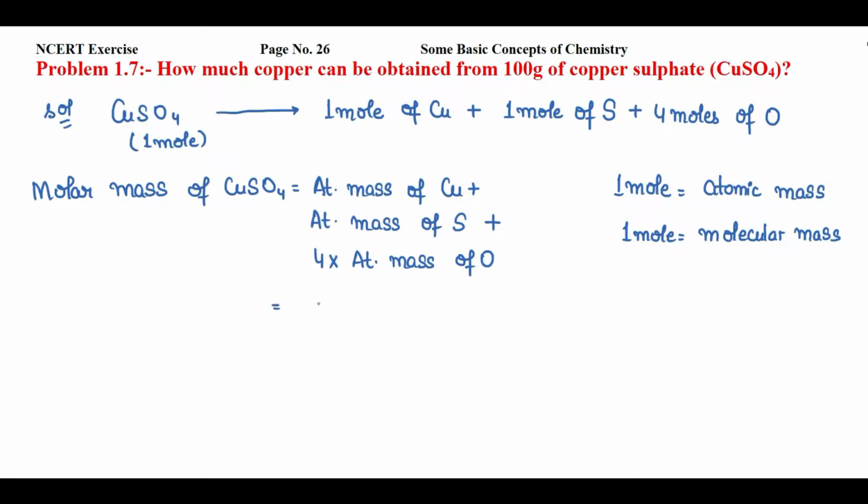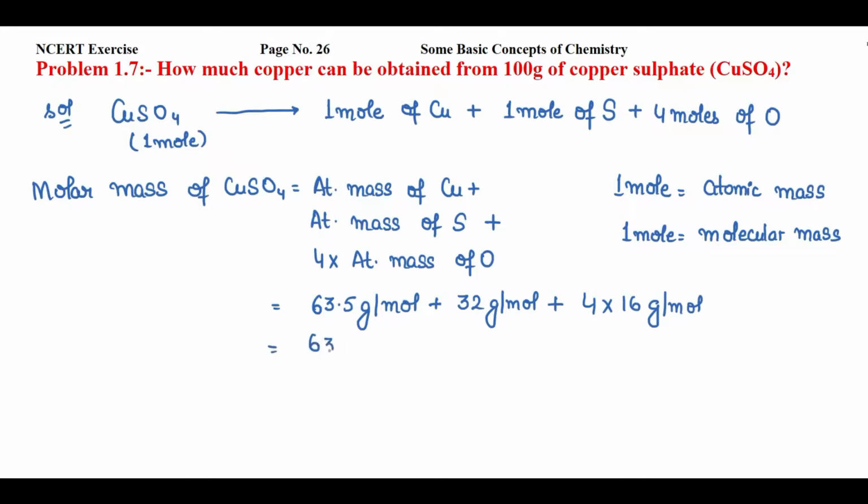So atomic mass of copper is 63.5 gram per mole plus atomic mass of sulfur 32 gram per mole plus atomic mass of oxygen is 16 gram per mole. We are taking 4 moles of oxygen, so I'll multiply 4 with 16. So 4 into 16 gram per mole, right?